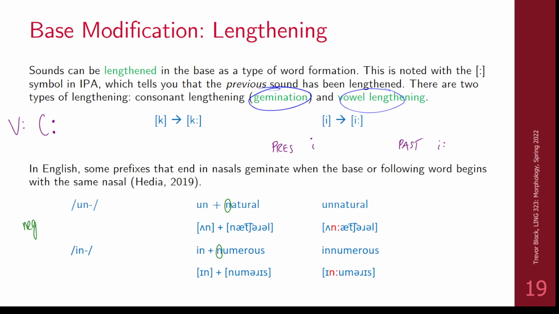So un plus natural doesn't just make unnatural, it makes unnatural. You can hear the difference. Innumerous versus innumerous. Most speakers will hold that N a little bit longer once the two morphemes have joined together.